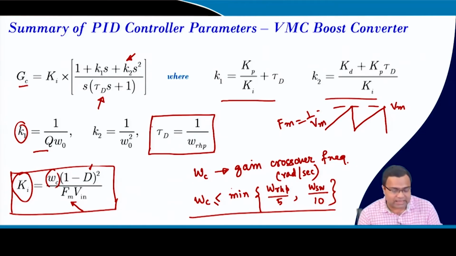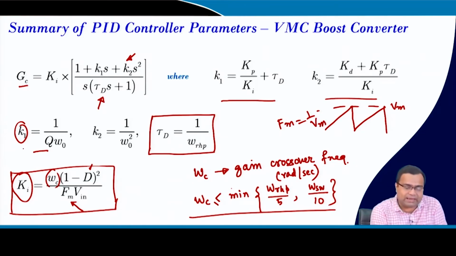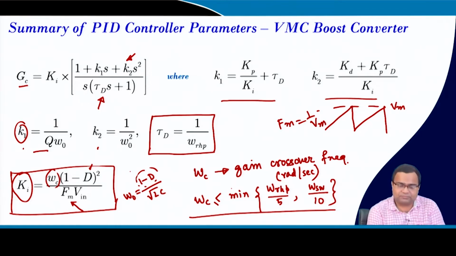Now, you see the controller gains K1, K2, Ki, tau d, K2. So, what was omega 0? For a boost converter we know omega 0 was (1 minus D) over square root of LC. That means this quantity is duty ratio dependent. And what did we learn about Q?